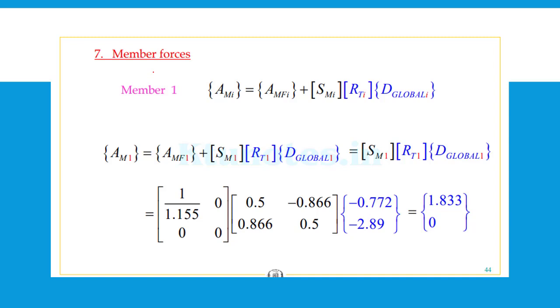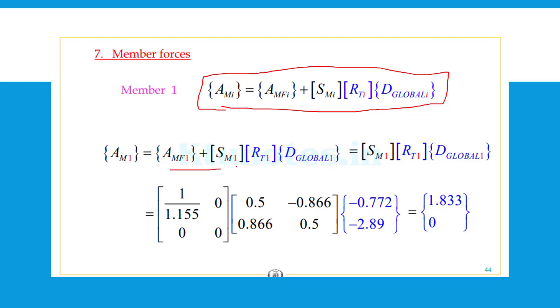And the equation for the member force for member 1 is AMI equal to AMFI plus SMI into RTI into D global I. There is no fixed end moment as the load is acting exactly at the joint, so this component is not there. So AM1 is equal to SM1 into RT1 into D global, which will give you 1.833 and 0, which are the member forces.